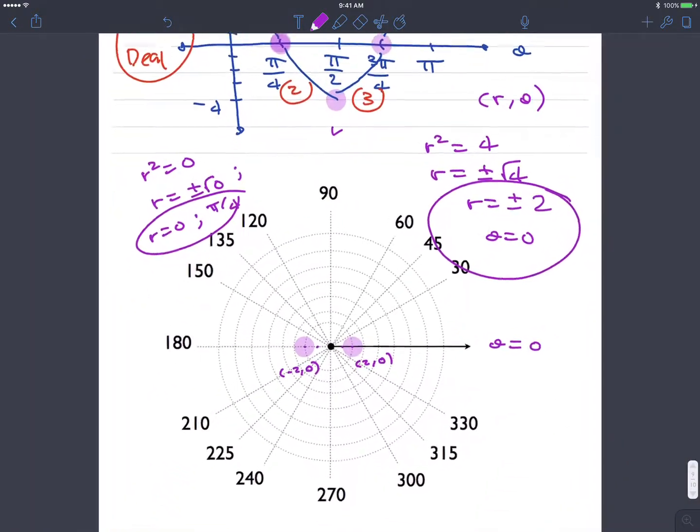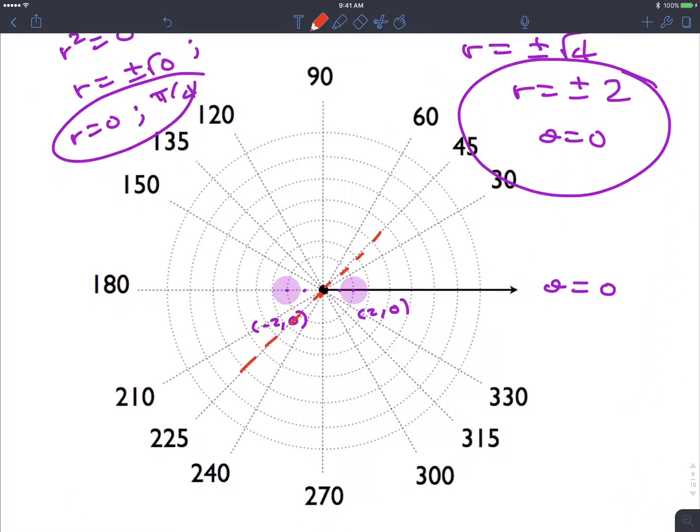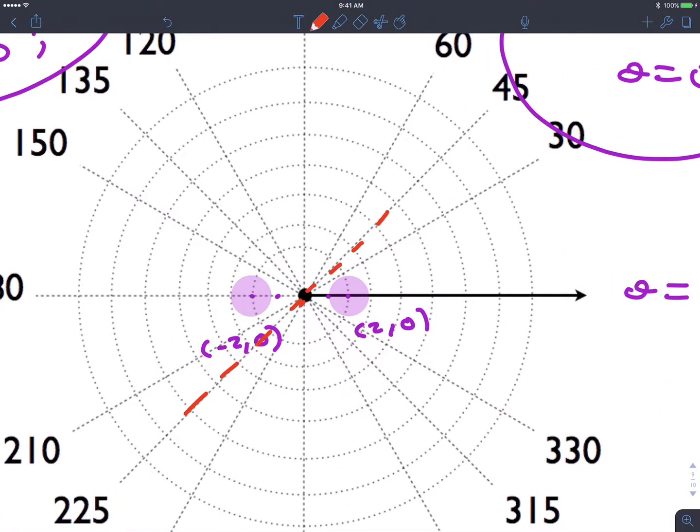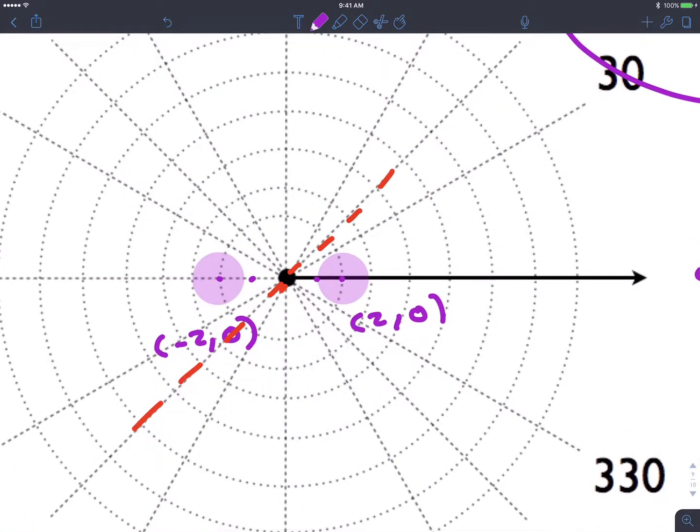So let's see how this works. Okay, pi over 4 we know is 45 degrees. Keep in mind, what are we doing here? We're going from a radius of 2 to the pole, radius of 0.